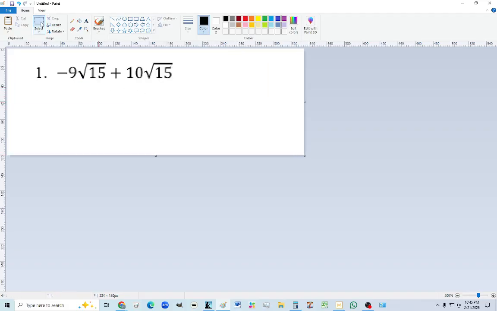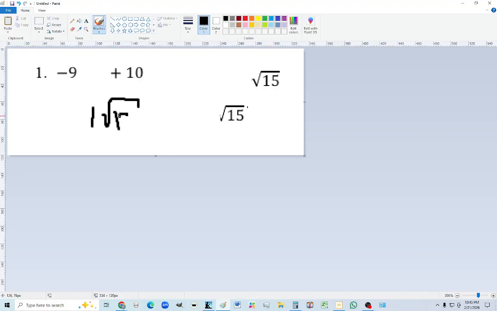So you can just pretend for a minute to ignore this part. Just bring it back later. What's minus 9 plus 10? 1. So it's 1 apple. Or just that. That's the answer. Minus 9 of them plus 10 of them is 1 of them. Pretty simple, right?